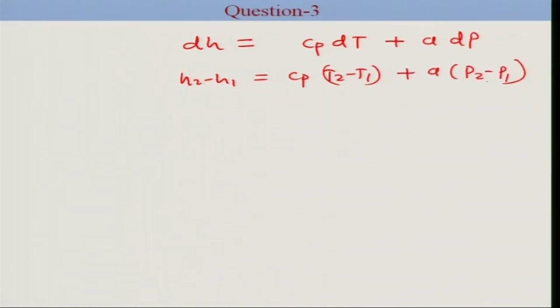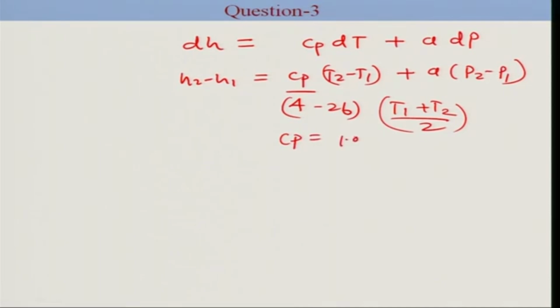Cp can be obtained from the table A to B, and this can be obtained at average temperature, T1 plus T2 by 2. Since temperature is changing, it is not constant. So, corresponding Cp is equal to 1.018 kilojoule per kg Kelvin.